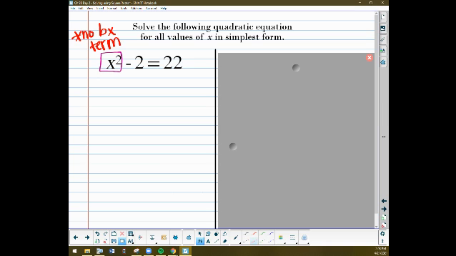So what I do is I'm going to do the opposite operation. I'm going to add 2 to both sides. And I get x squared equals 24. Okay, so just like what I did, get the x squared part by itself. Now that it's by itself, I can take the square root of both sides.